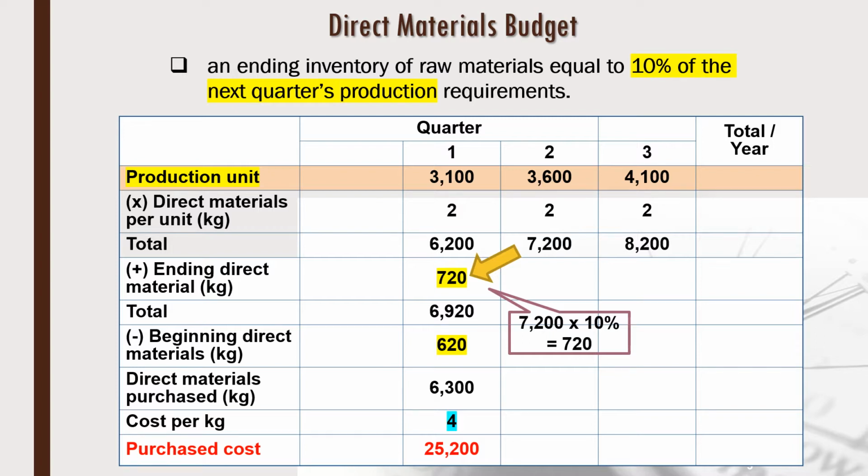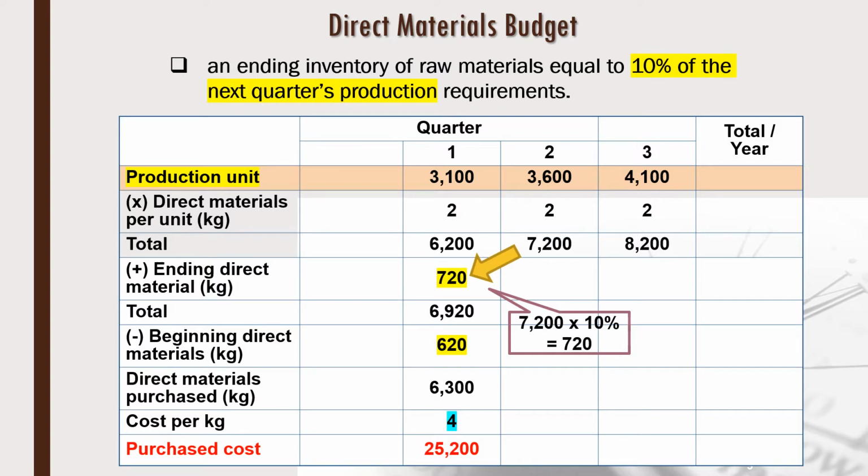The calculation is the same for quarter 2. To calculate ending direct materials for quarter 2, it is 10% of the next quarter production. The next quarter for quarter 2 is quarter 3. The total production for quarter 3 is 8,200.